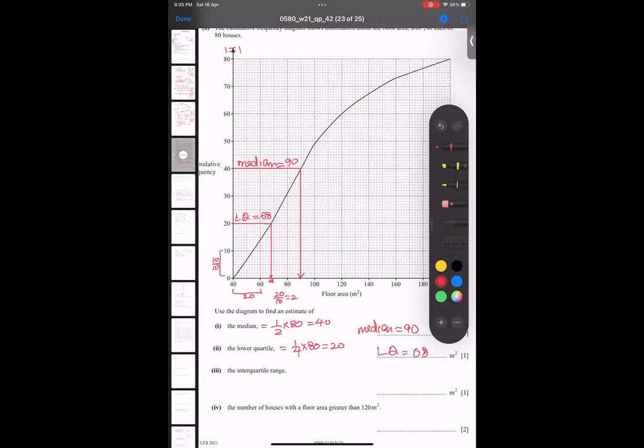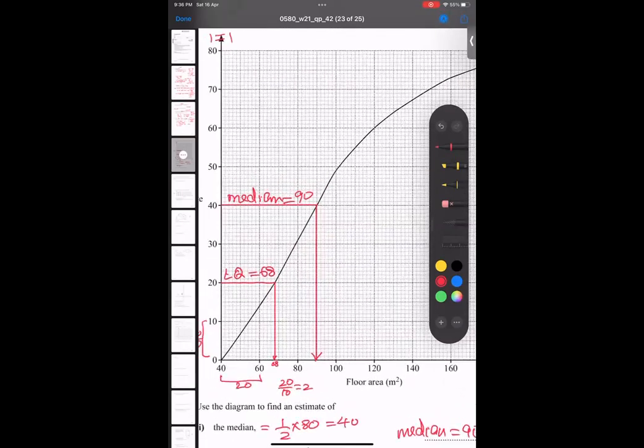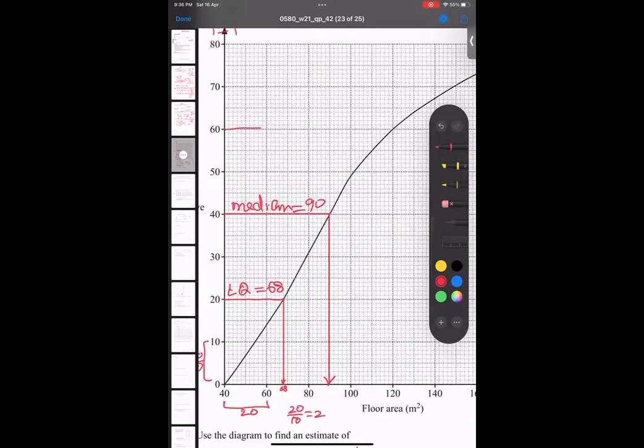Now the interquartile range. But first of all, I will find the upper quartile. What is the upper quartile formula? 3/4 of 80. I got 60. Where is 60? 60 is here. Let me show you. And from here, this is called the upper quartile, and I got 120.